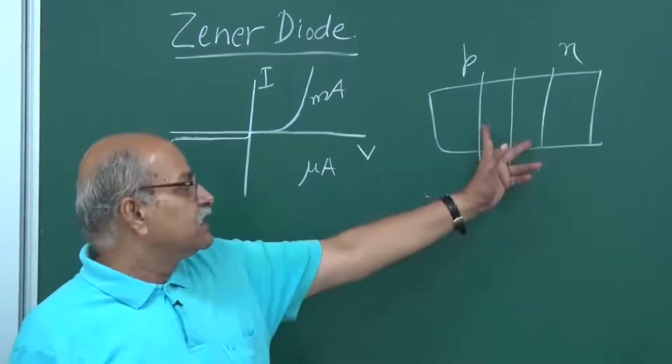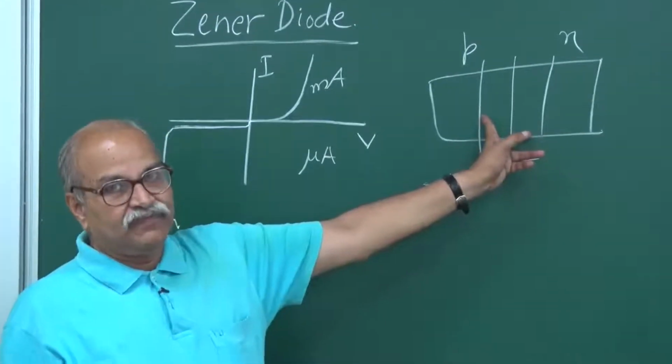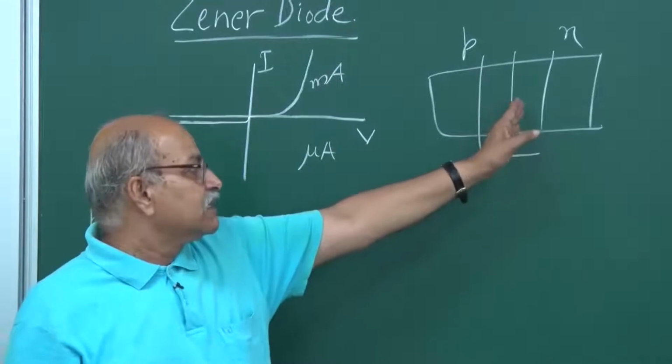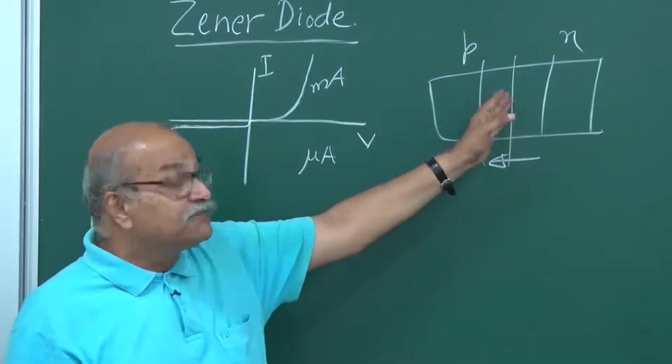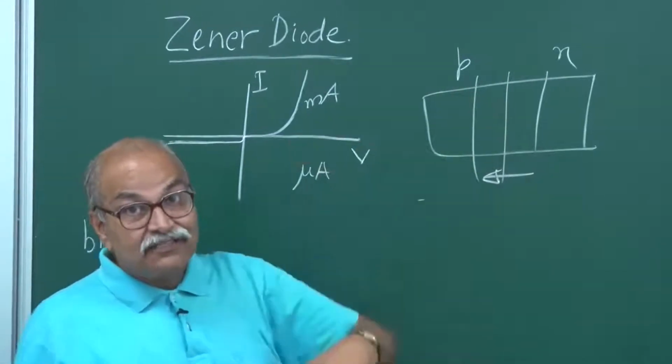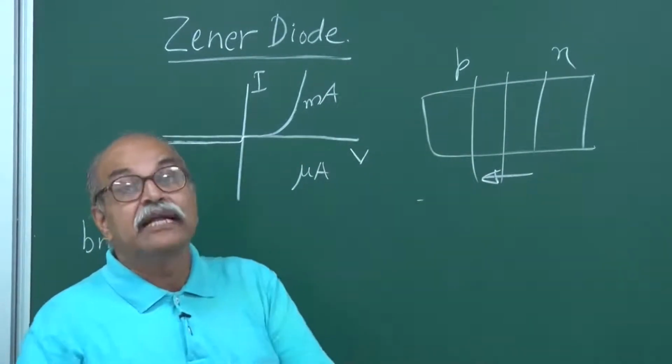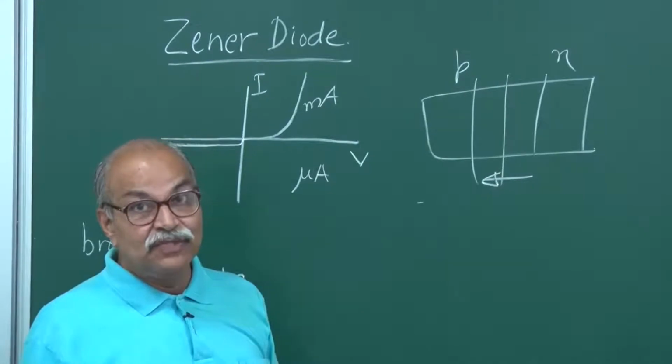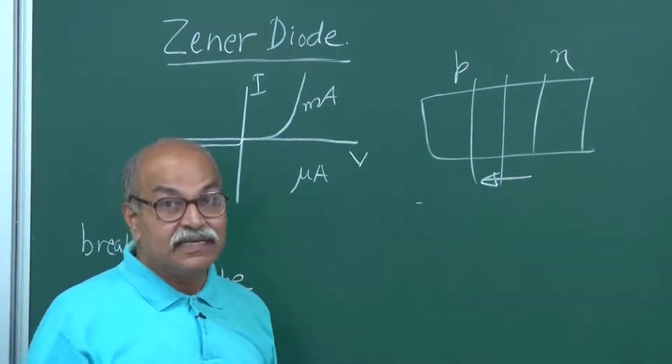So if the region is wide enough and the electric field is able to impart enough energy to the charge carriers so that they collide with the atoms and break the bonds, new electron-hole pairs are created.